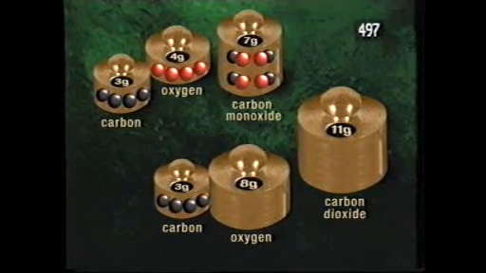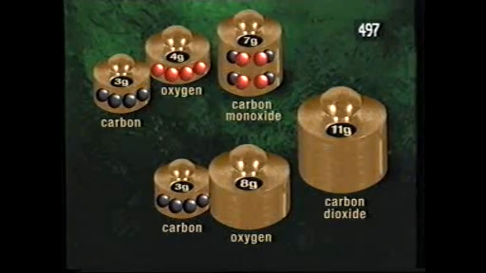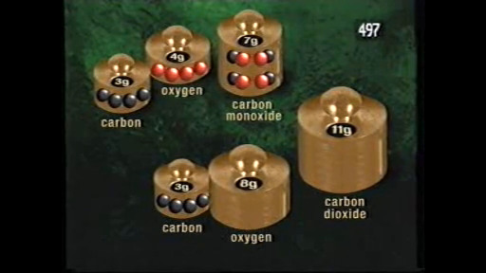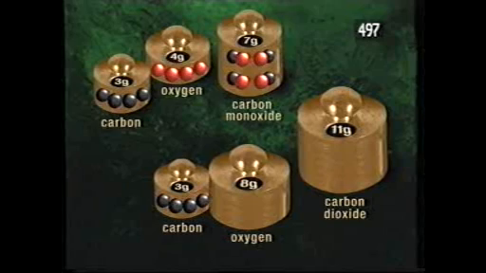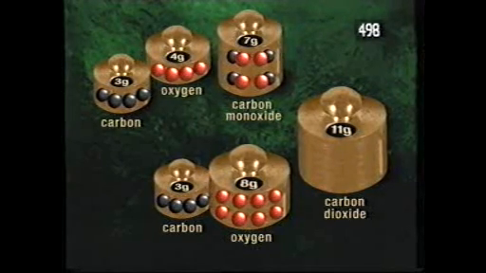Now we turn to carbon dioxide. Again, I've put 4 atoms in the 3 grams of carbon. What about the oxygen? Well, if there are 4 oxygen atoms in 4 grams of oxygen, then in 8 grams of oxygen there must be 8. What does this mean for the carbon dioxide that's formed?